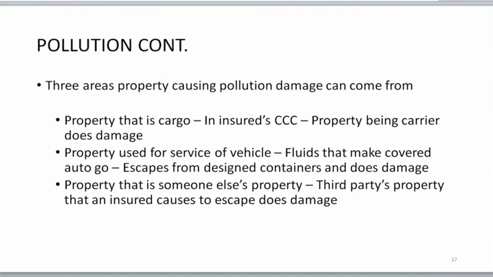So when we think about an auto hauling something, there are three areas that the pollution could come from. The property that's being hauled, the property that's in the insured's care, custody, and control. The property could fall off. Your insured could have on the back of their pickup truck a 55-gallon drum of oil. They could go over one of the speed bumps, and that 55-gallon drum of oil could fall out of the back of the pickup truck.